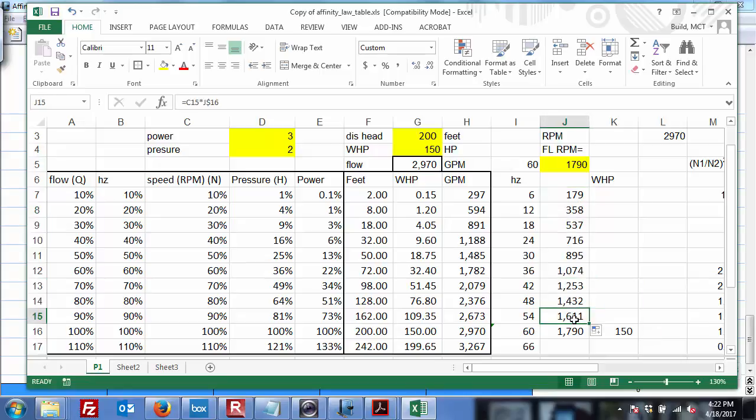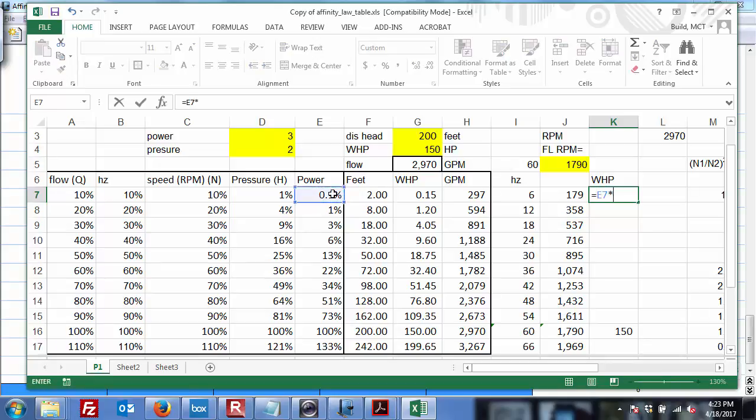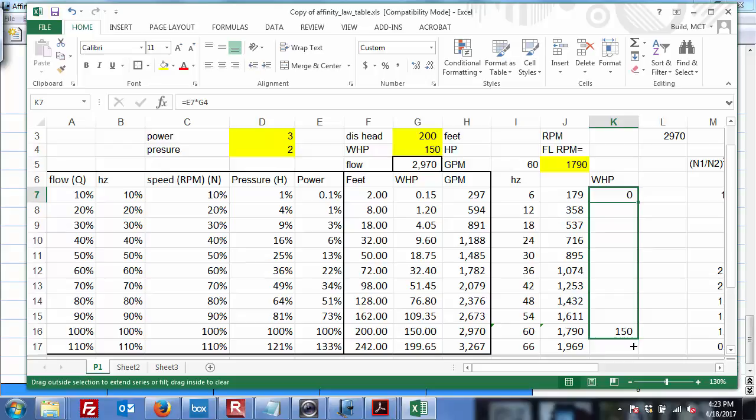Take this, copy it, paste it. And then the same thing for horsepower. And this will come out the same. It's just the power times 150. Let's do it that way. Drag that guy down.